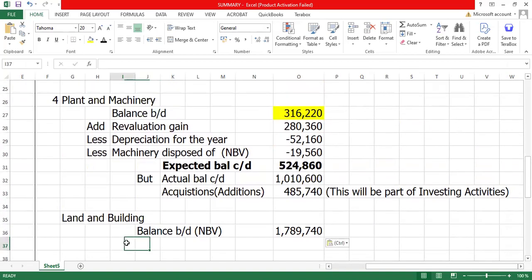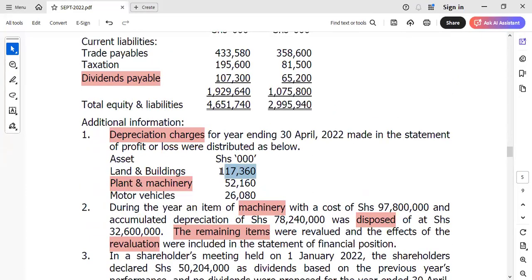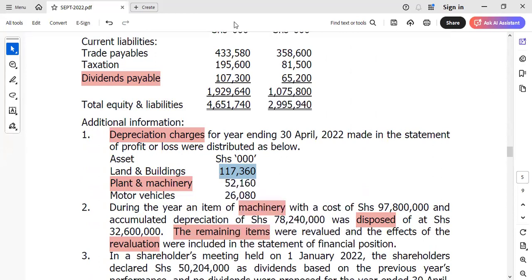But we have the depreciation for the year. So we less the depreciation for the year. Depreciation for the year, when it comes to land and building, it was how much? It was this one. Okay, that was depreciation for the year.